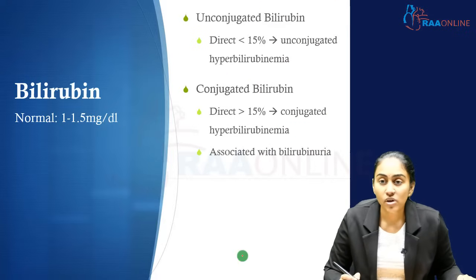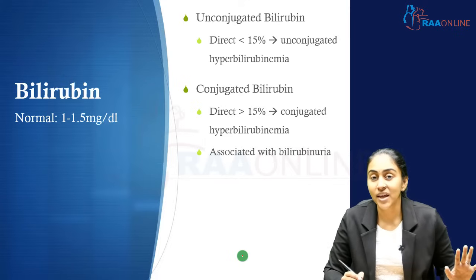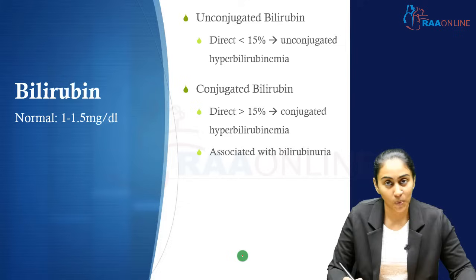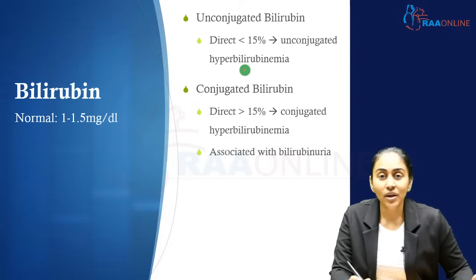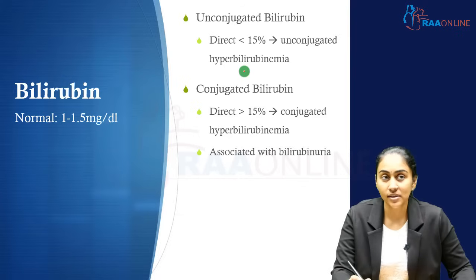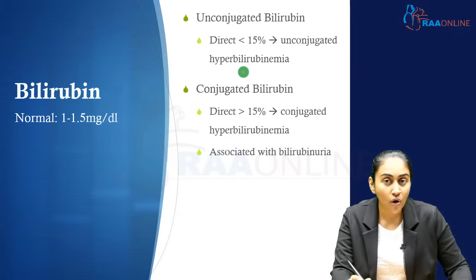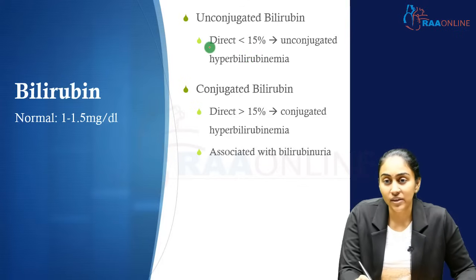So, unconjugated bilirubin, as I said, under normal circumstances makes up about 100% of the total bilirubin. In that situation, how will you classify whether a patient has an unconjugated hyperbilirubinemia or a conjugated hyperbilirubinemia? You will look at the direct fraction.